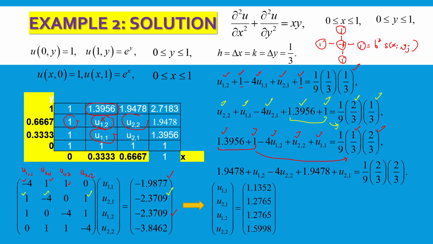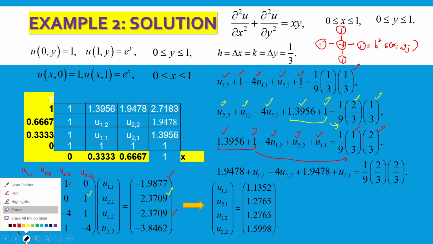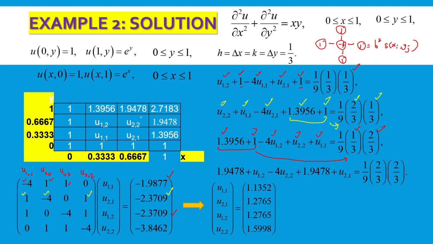The last equation you have to target the center at u22, so I erase it. This one is the center, so x is 2/3, y also 2/3.